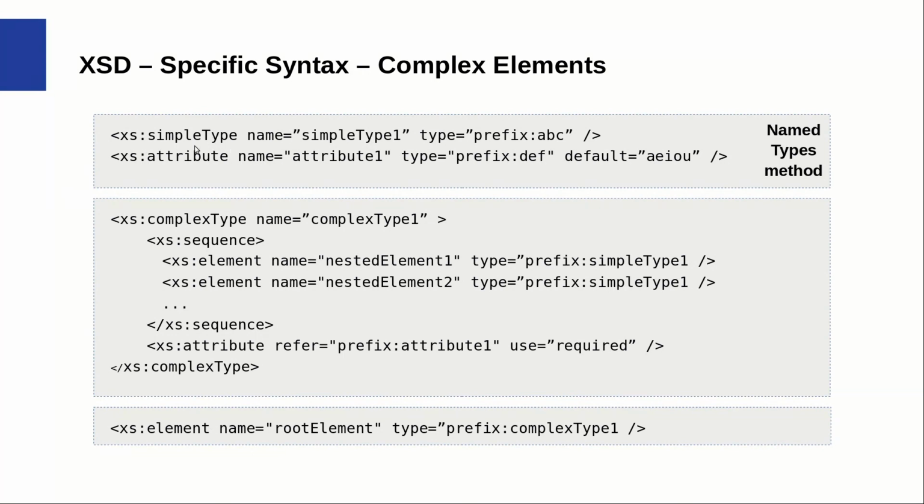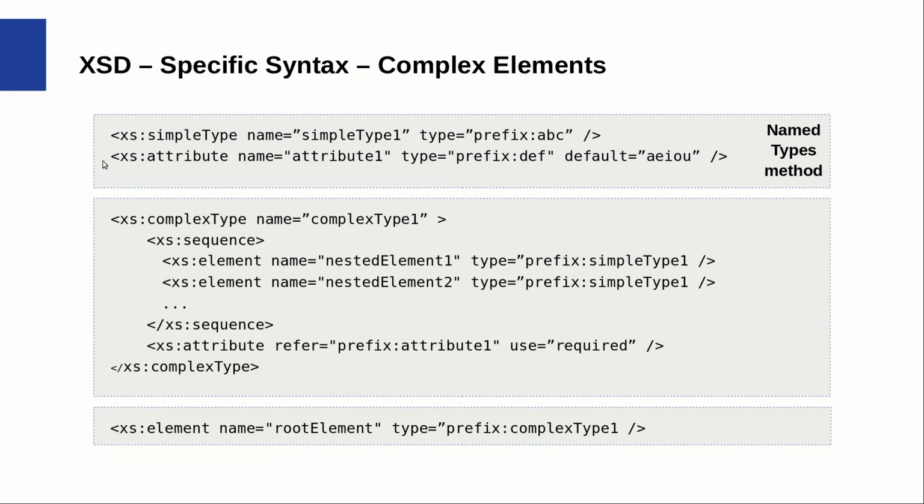At the simple type, for example here, we declare it with xs:simpleType, and then with a name, calling it simpleType1, and with a type for defining the type of the simple type using the prefix, either the xs or any other custom prefix, and the name of the type we're setting as the type for the content of this simple type, which later will be set to a simple element.